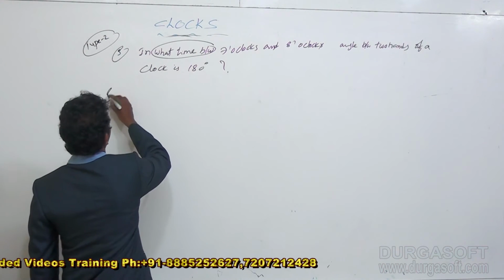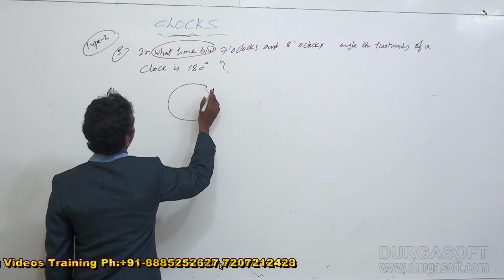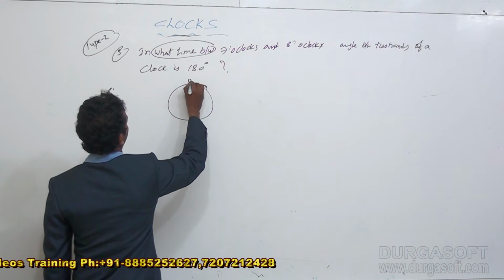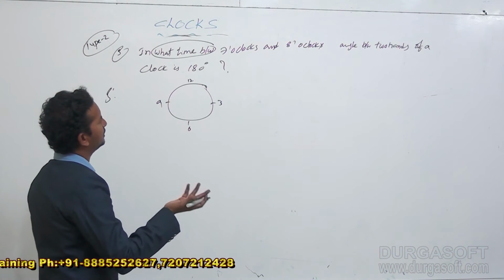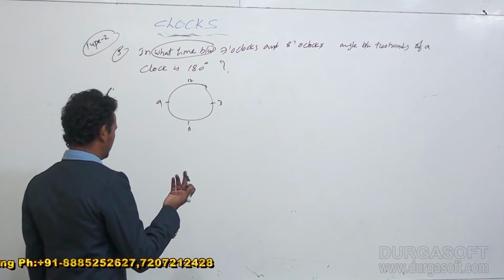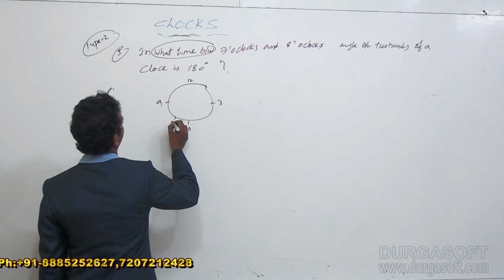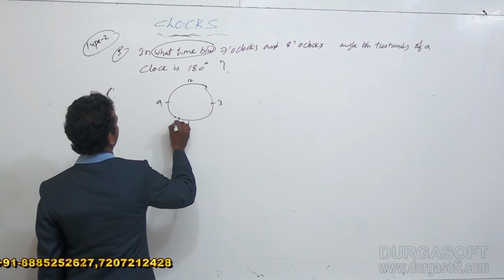So let's see the solution part here. 12, 6, this is the 3, this is the 9. See here, the 7 o'clock and 8 o'clock are given. This is 7, this is the 8.